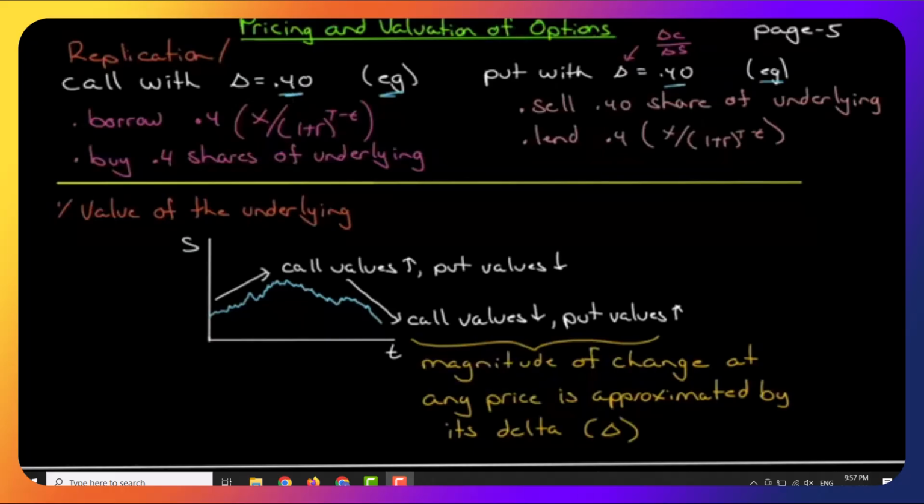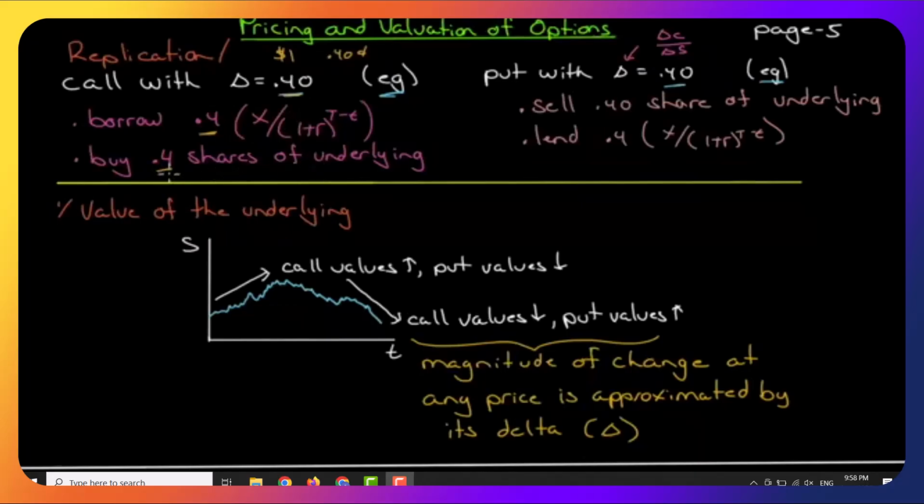So if it has a delta of 0.4 and the stock goes up $1, the call option will only go up 40 cents. How do we replicate 40 cents? Well, we'll borrow 0.4 of the present value of the exercise price, and we'll buy 0.4 shares of the underlying.